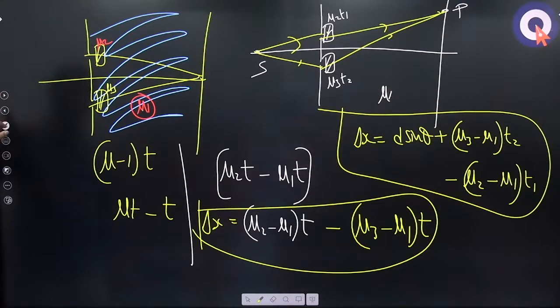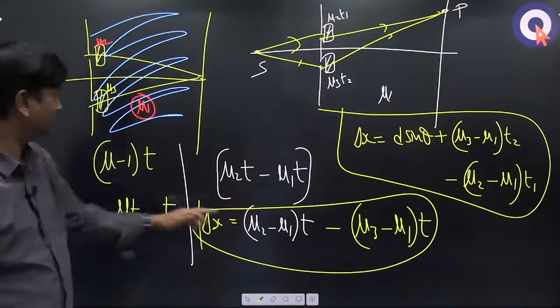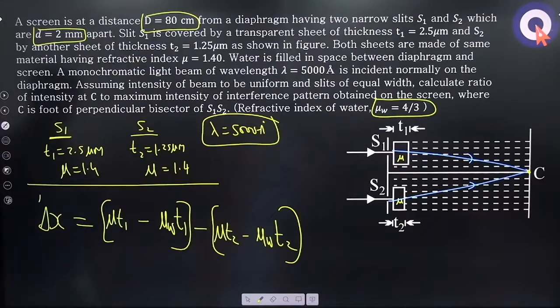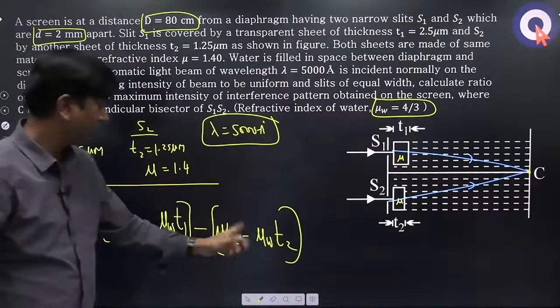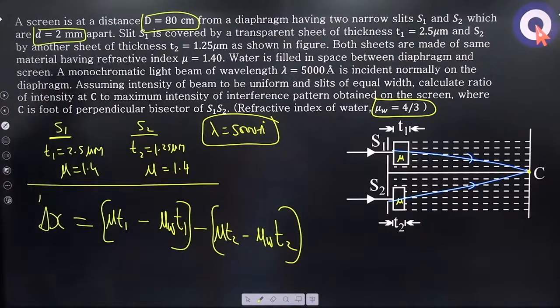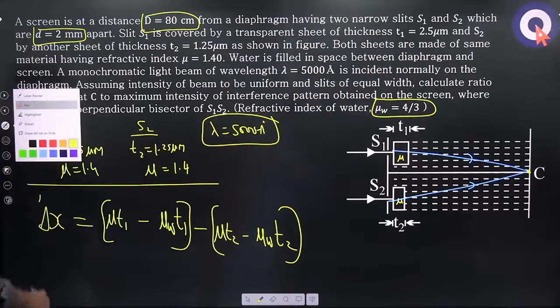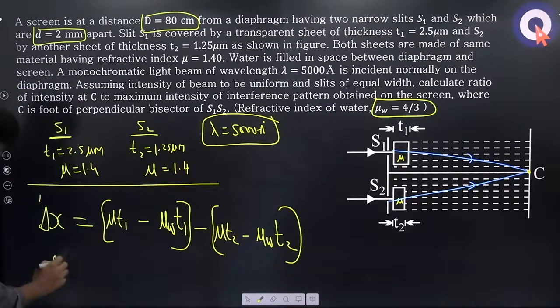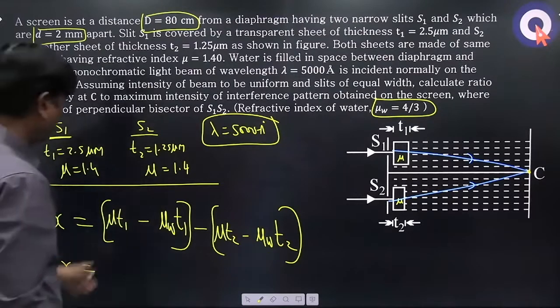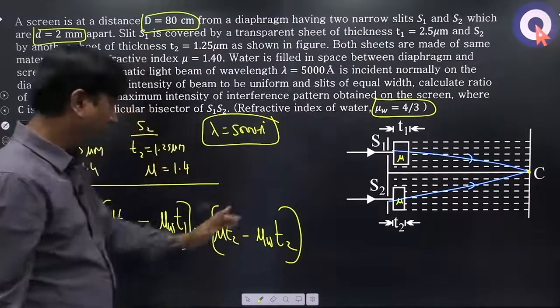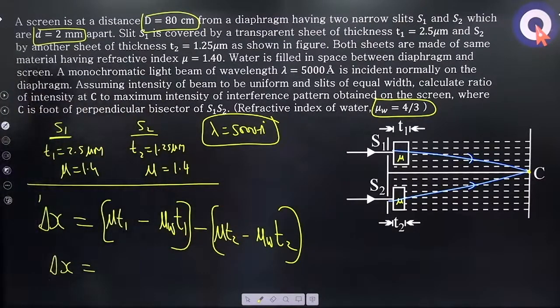Okay, let us get back to that problem. What's the question? So this is how you are able to write the net path difference. Let us complete this question now. They are asking the net path difference exactly at point O. So (mu T1 minus mu_w T1) minus (mu T2 minus mu_w T2). The mu is the same, of course.